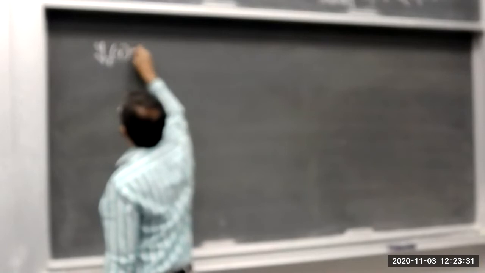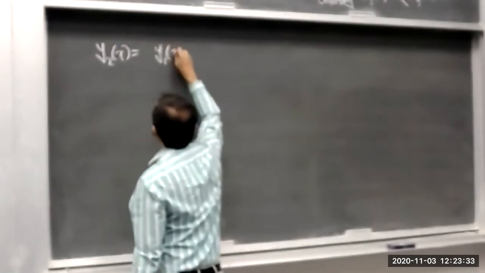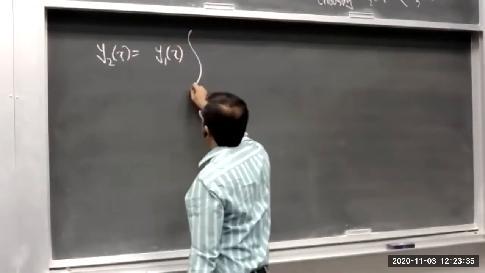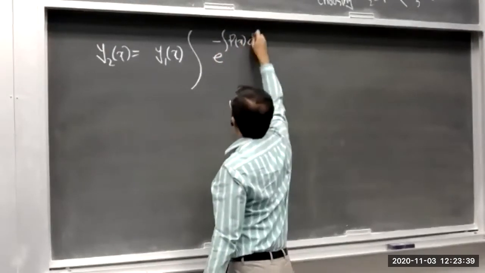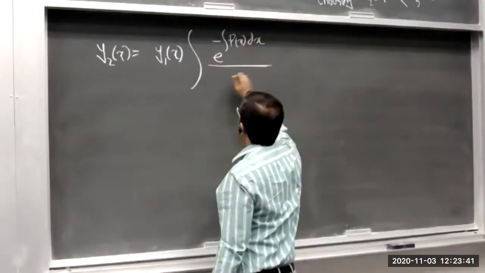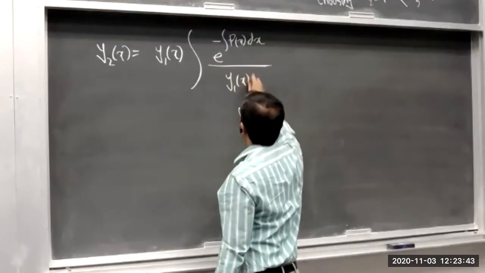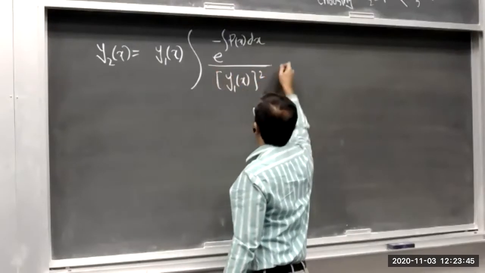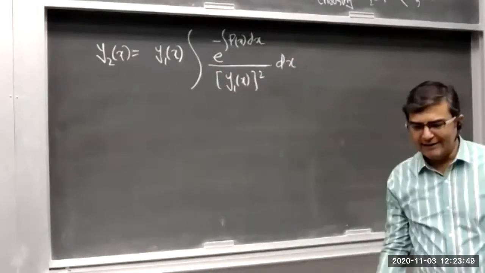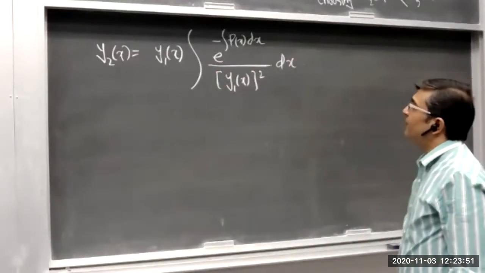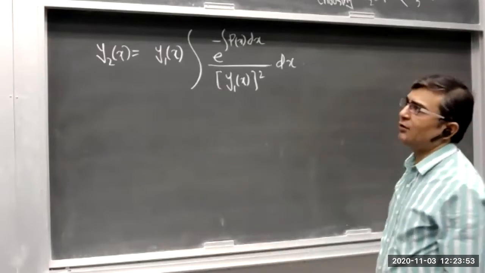So finally, y2 will be y1 of x times integral e raised power negative integral p of x dx divided by y1 of x whole square times dx. So this will be your second solution by using the method of reduction of order.